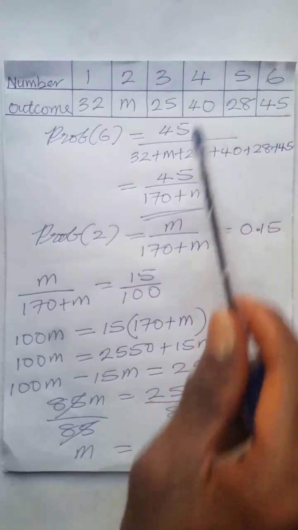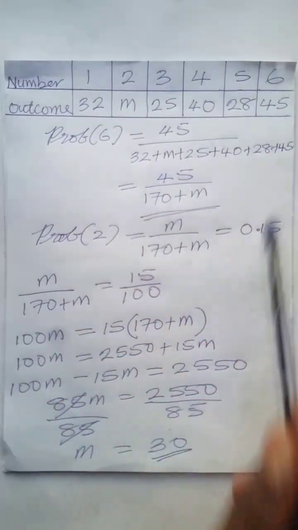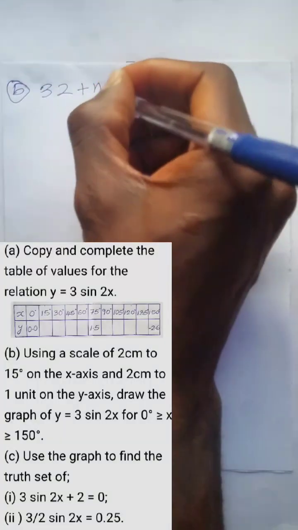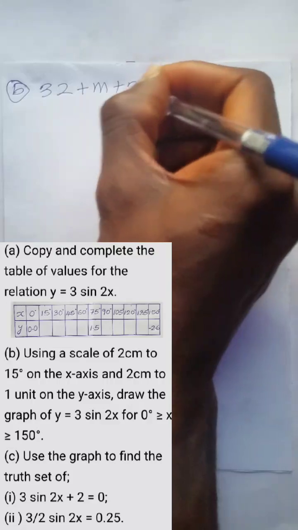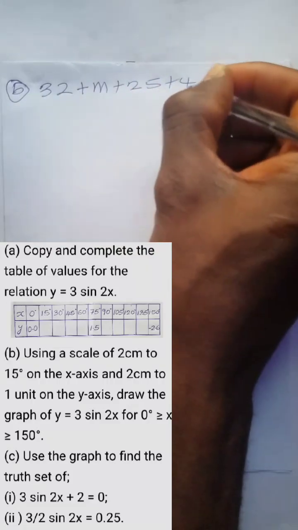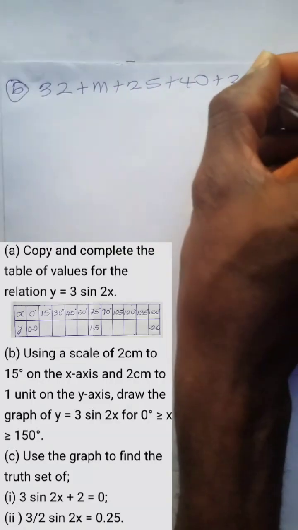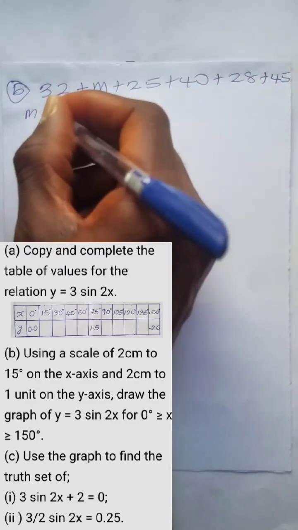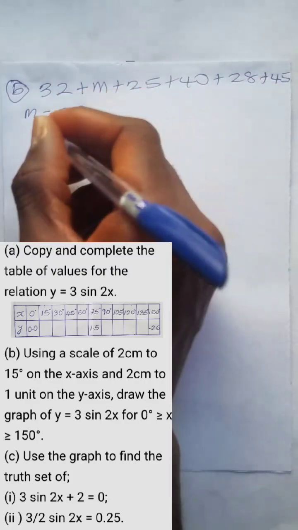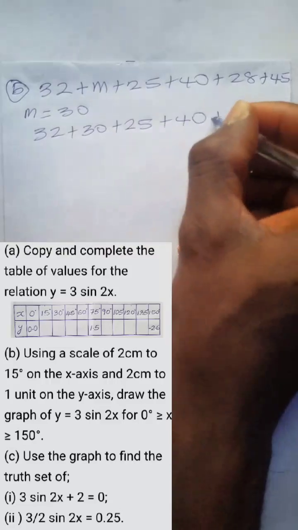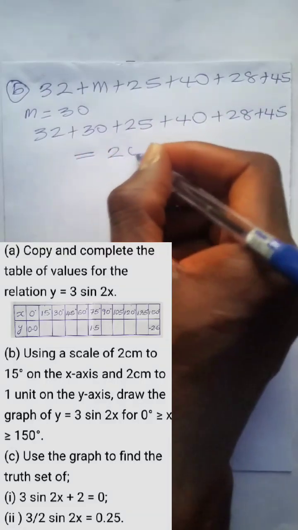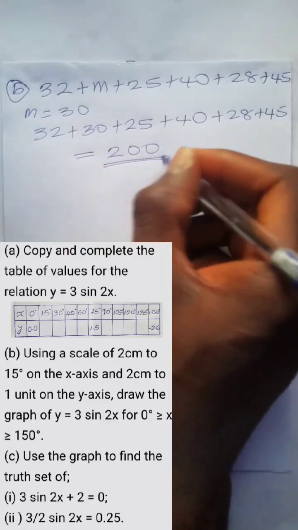So we have 32 plus 30 plus 25 plus 40 plus 28 plus 45, and that is going to give us 200, and that is our B.